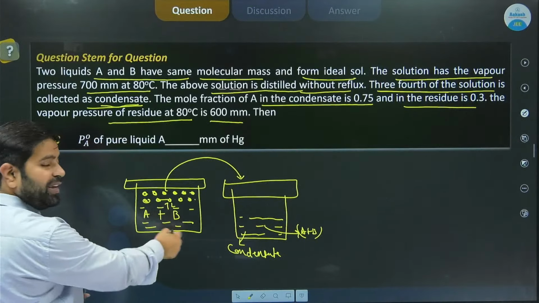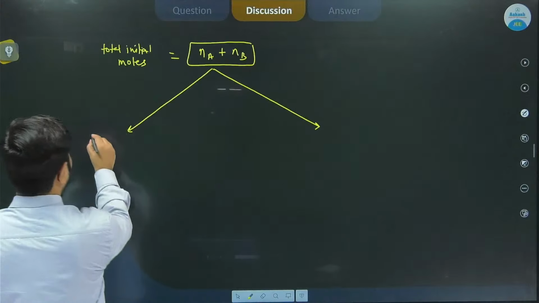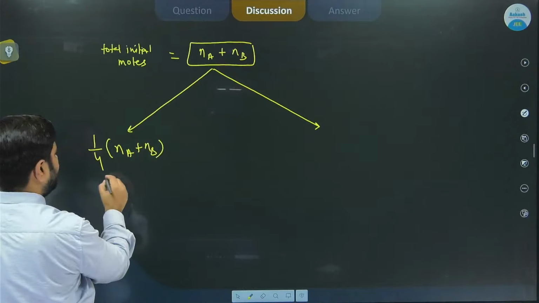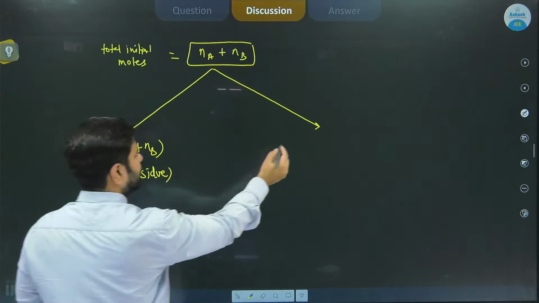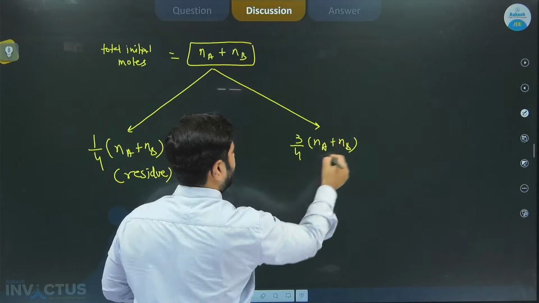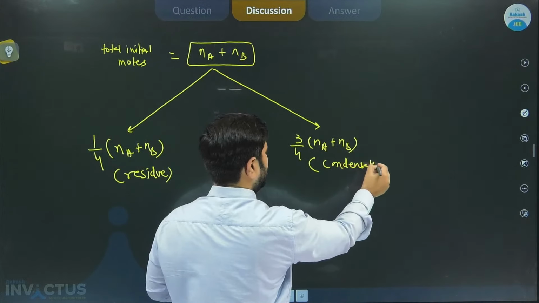The residue would be 1/4 of the total moles and 3/4 of the total moles would be the condensate.